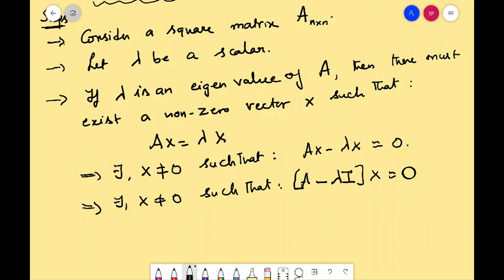See here, if I take x common, x is a vector, then one identity matrix should remain, not one scalar. So after you take out x common, here I is the identity matrix, where I is the n by n identity matrix.